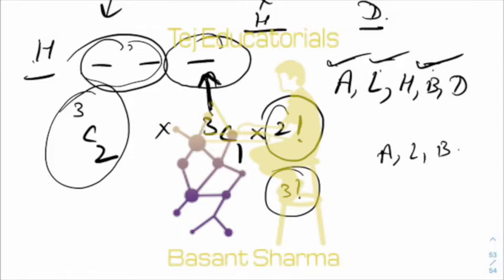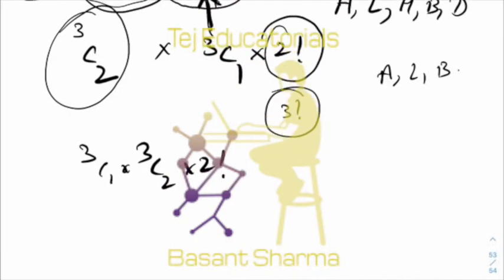There is no restriction on the middle 2 letters, but there is a restriction on the last letter. You can't have D at the last place. Similarly, when D is fixed at the last place and H is not in the first place, then again you would have 3C1 into 3C2 into 2 factorial possible words.